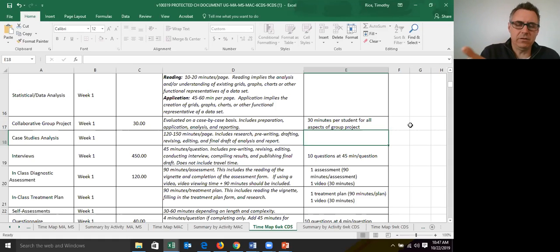And the case that I used here, because it is on a case-by-case basis, I decided to come up with 30 minutes per student for all aspects of the group project for this week, because we're in week 1. So I decided to go with 30 minutes. Went ahead and put 30 minutes into the spreadsheet here into column C. And that way we actually know how much each student would have on that.